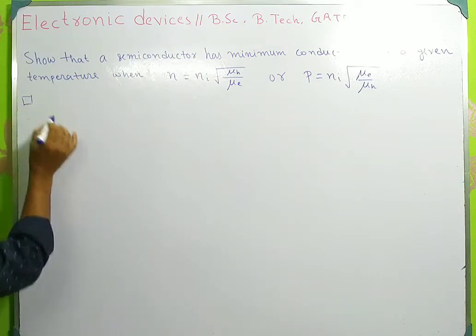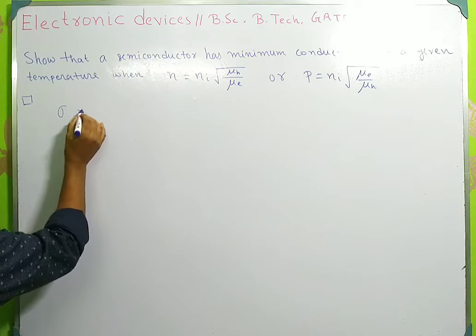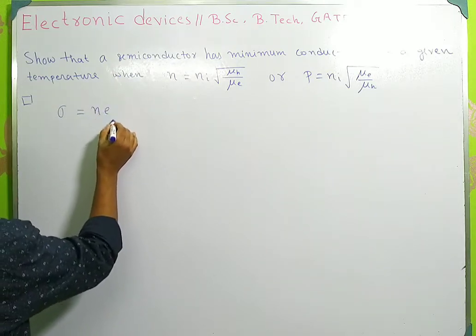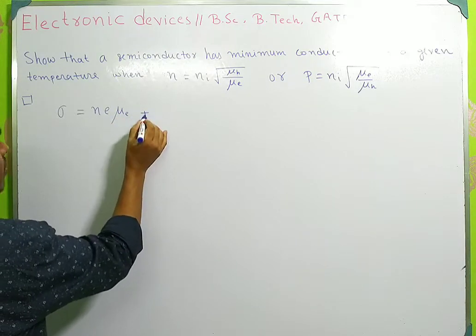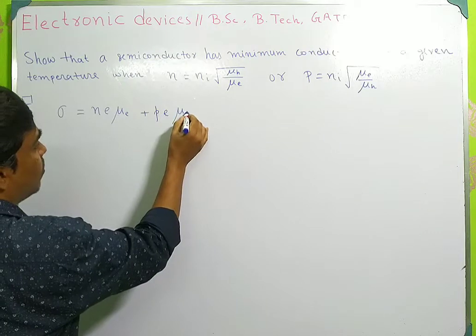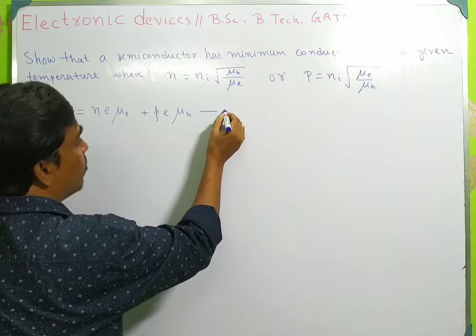Suppose the conductivity of the semiconductor, sigma, can be written as n e mu e plus p e mu h, where this is equation number 1.